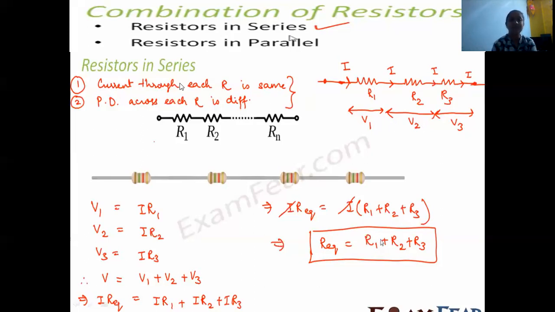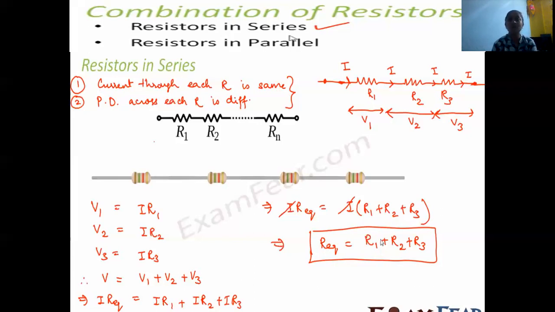So we can say the current through each resistance is the same, but the potential across each resistor is different. These are the two important points you have to keep in your mind.